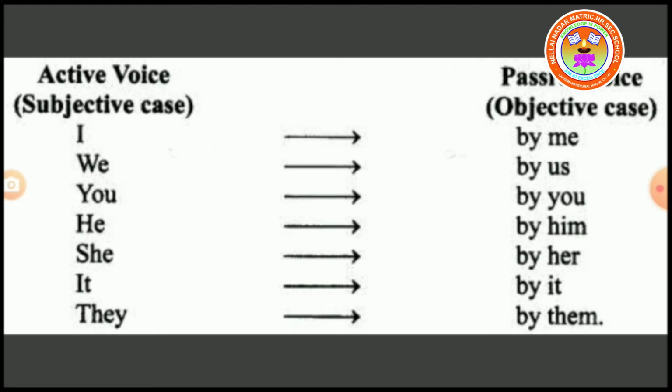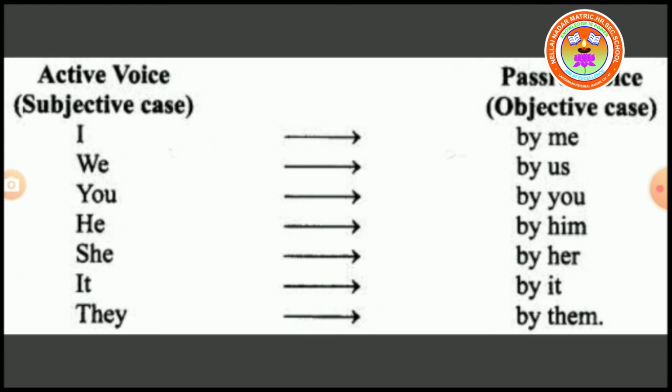Dear students, you all know that there are 12 tense forms in English, but we have passive voices for only 8 tenses, and those are simple tenses, that is simple present, simple past, and simple future. Continuous: present continuous, past continuous.